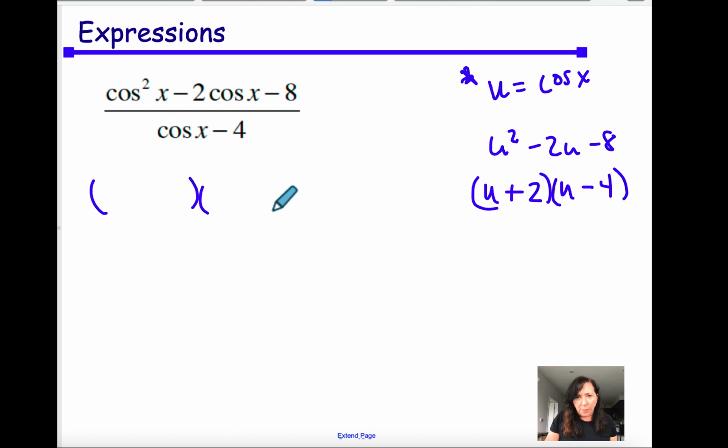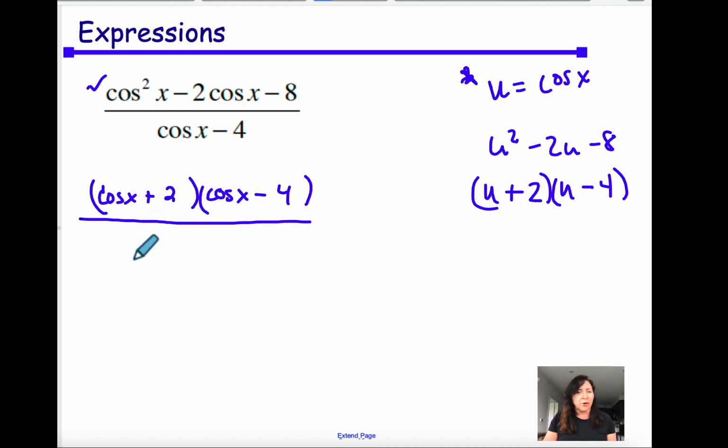It's just an option, because some kids will just go, well, I know cosine of x times cosine of x is cosine squared. Check, that's that. Negative 8 is going to be a plus and a minus. To make a negative 2, also, I'm going to go a negative 4 times a positive 2. Now, all of this is over cosine of x minus 4.